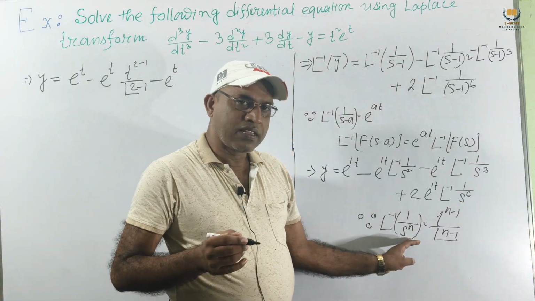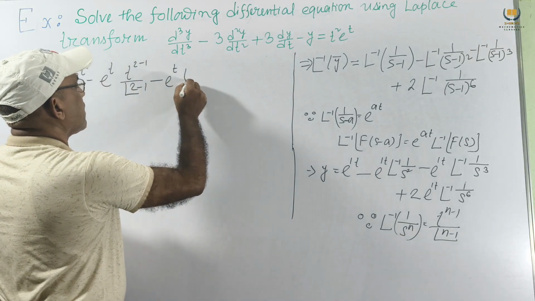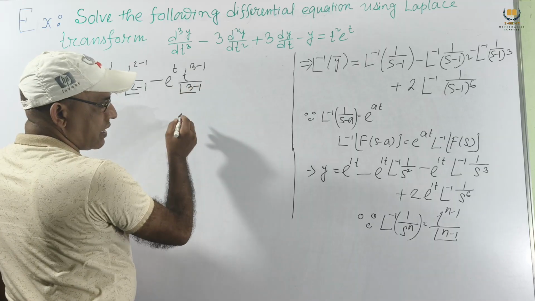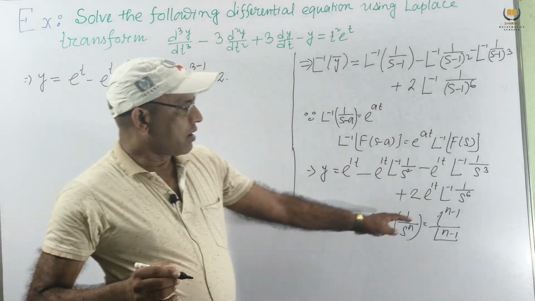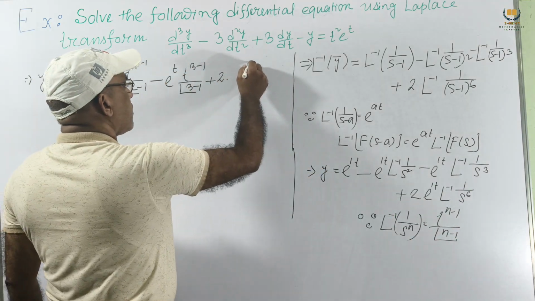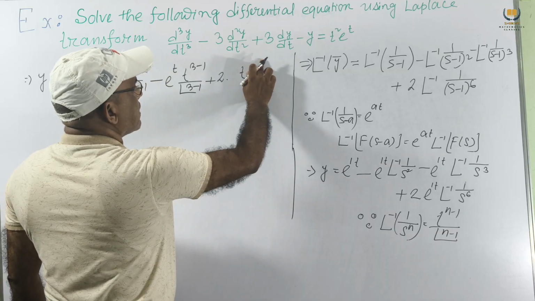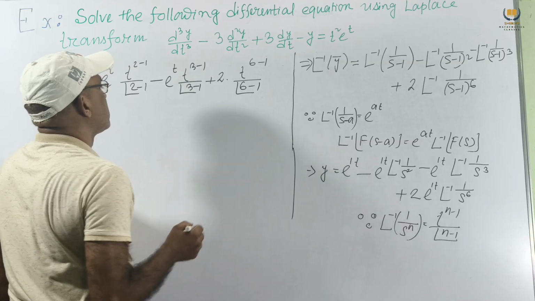Using this formula, n means 3, t to the power 3 minus 1 by factorial 3 minus 1. And the last one is plus 2, 1 by s to the power 6, then t to the power 6 minus 1 by factorial 6 minus 1.